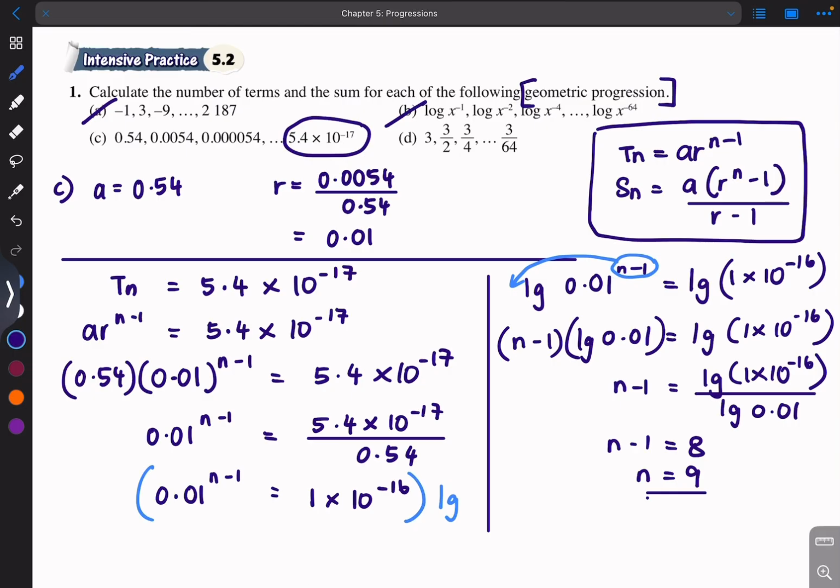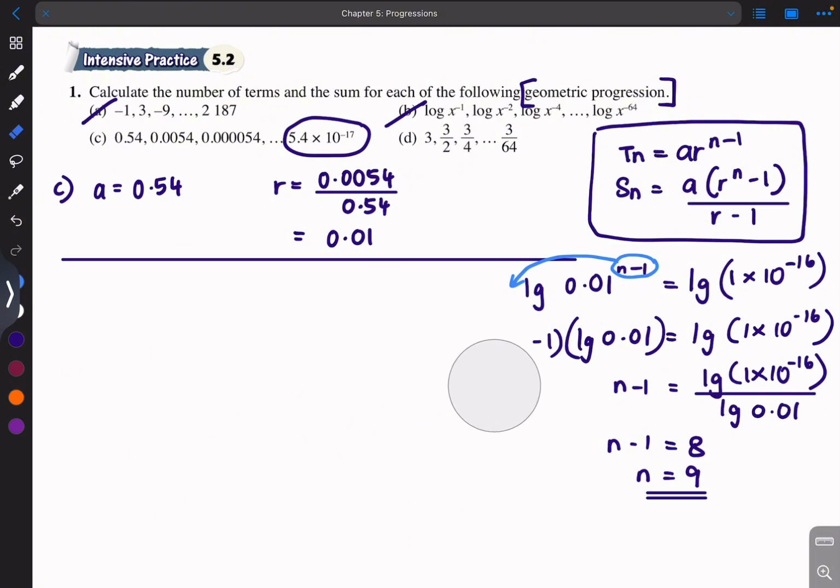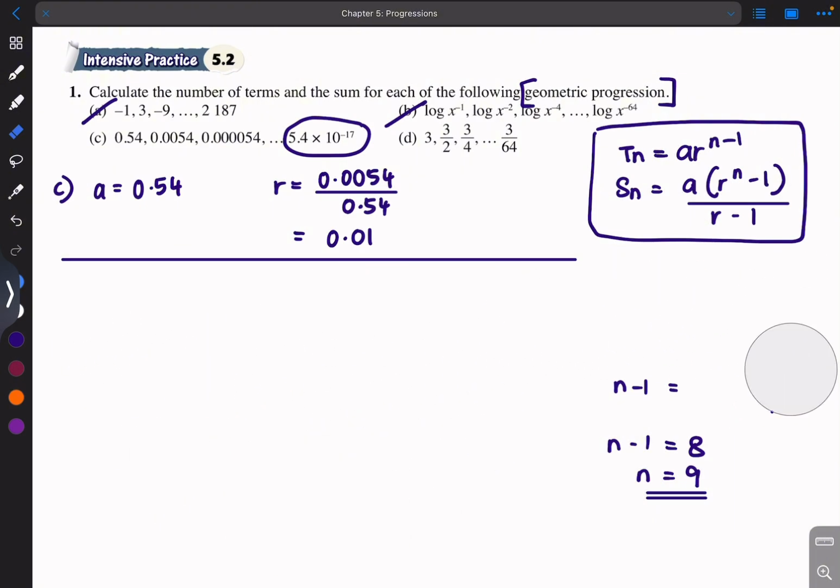Done. Okay, now we need to find S9. So let's erase all this. N is 9, so we need to find S9. S9 means this will be 9 and this will be 9.